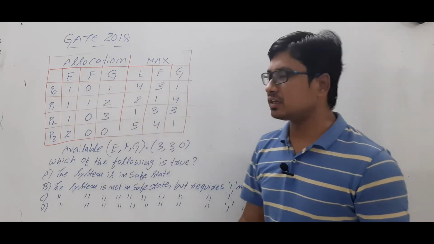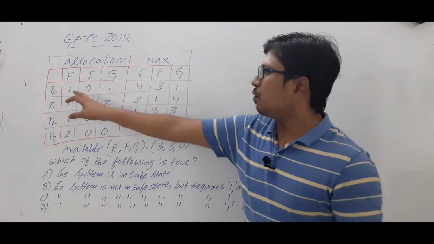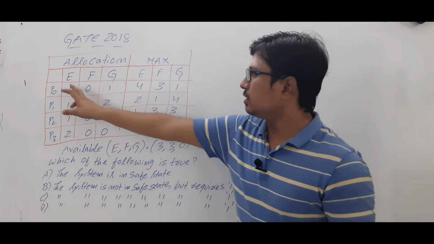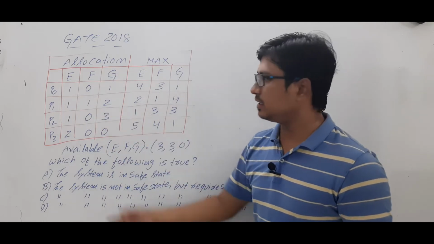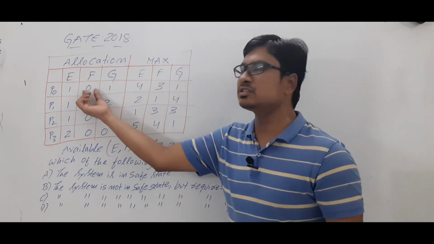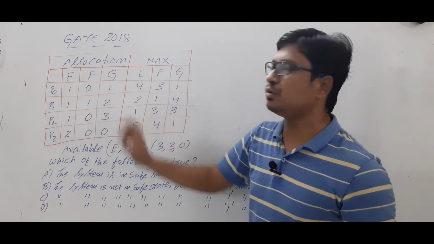What is the meaning of the allocation matrix? For the process P0, one instance of resource E and one instance of resource G has been allocated and 0 instance of resource F has been allocated. So this is the meaning of 101.